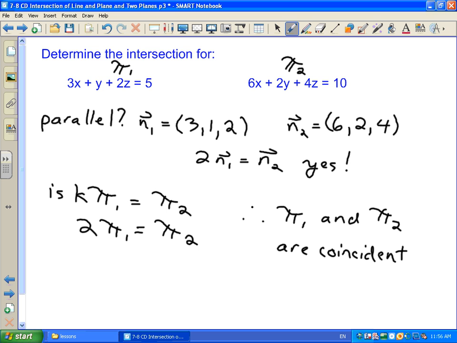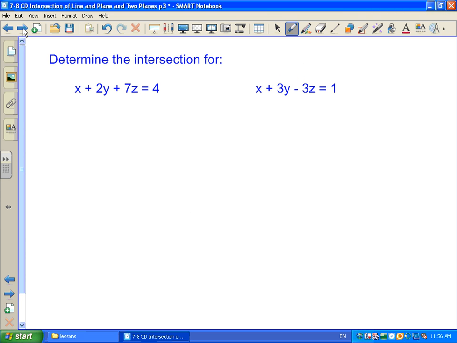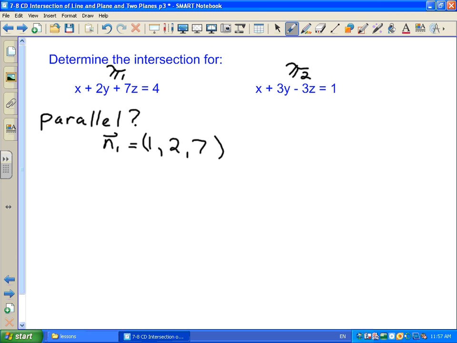All right. So let's look at a somewhat more interesting example here. Again, same question. Determine the intersection for these two planes. And again, we'll label these plane 1 and plane 2. And we should always check to see if these things are parallel first. Well, let's see. Our normal vectors are 1, 2, 7, and 1, 3, negative 3.